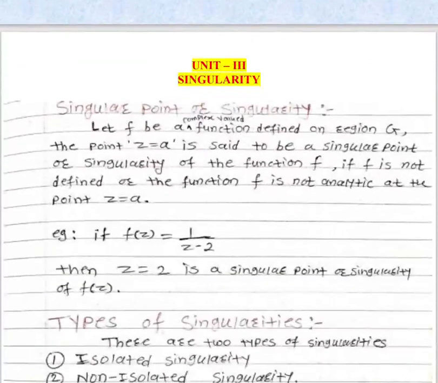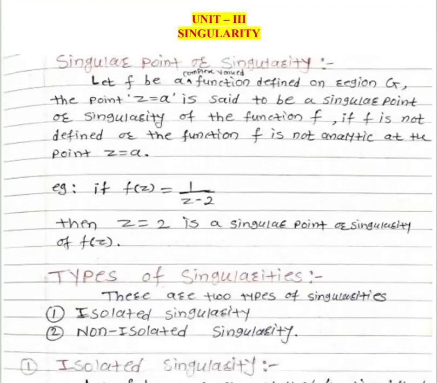So what is the first definition? The first definition is a singular point, or we can say what is the singularity. Okay. We know the general meaning of the singularity. So what is the mathematical definition of the singularity? Let f be a complex valued function defined on a region G. The point z equal to a is said to be a singular point or singularity of the function f, when f is not defined or the function f is not analytic at the point z equal to a.